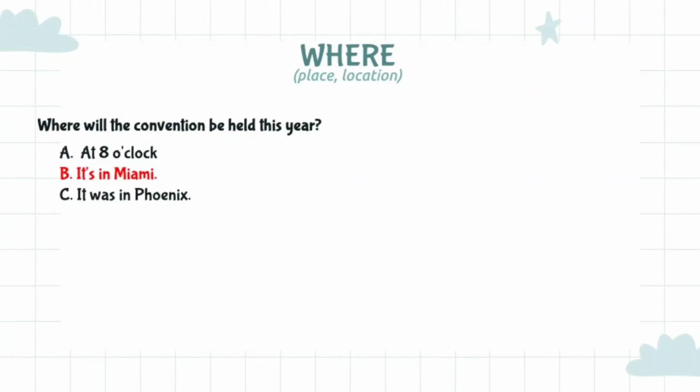The best response for where will the convention be held this year is B. It's in Miami. Because the question asks about the place or the position. The option A says about the time, and the option C says about the place but in the past event. So the best answer is B. It's in Miami.